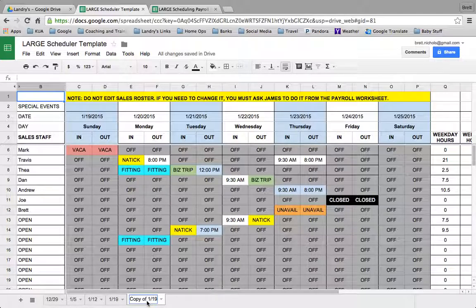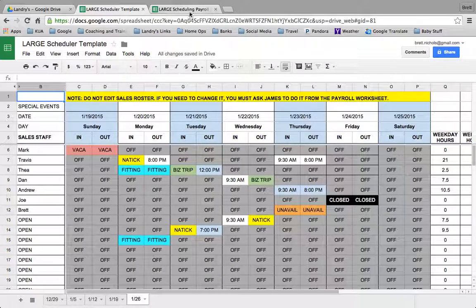It's right at the end of "of", so there's a space between "of" and 119. If I start right there at "of" and I backspace, all I have left in there is 119. I actually still have that space in there. And then I change it to 126, leaving the space at the beginning of the tab name, and hit enter. It looks just like the other tabs.